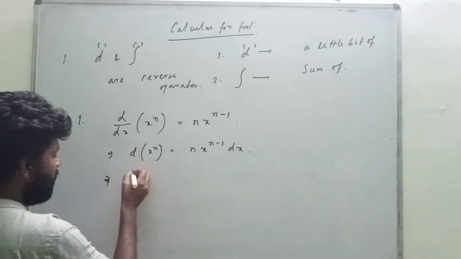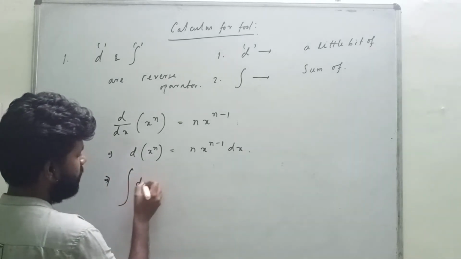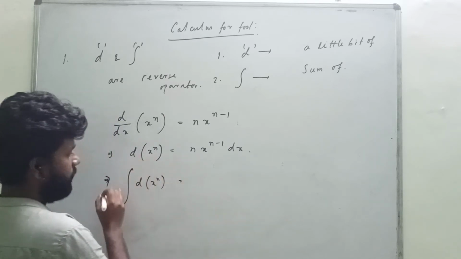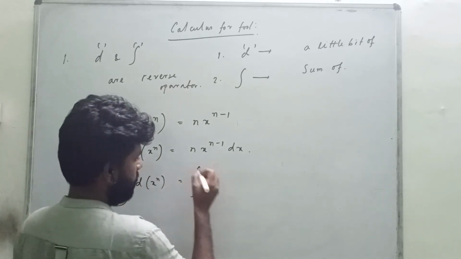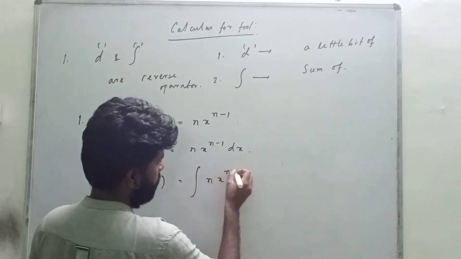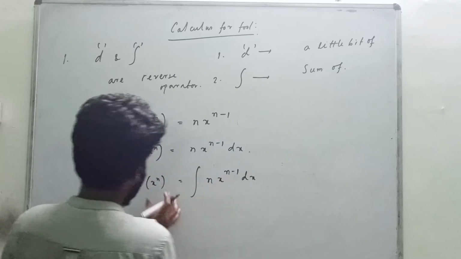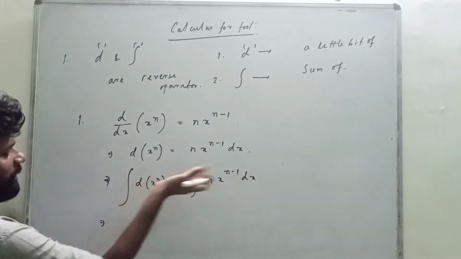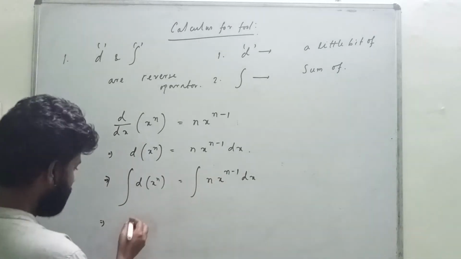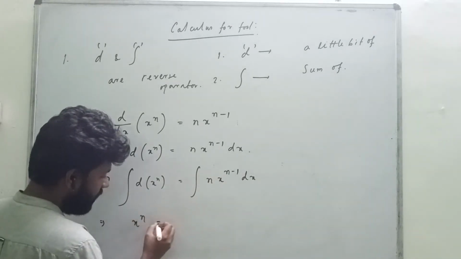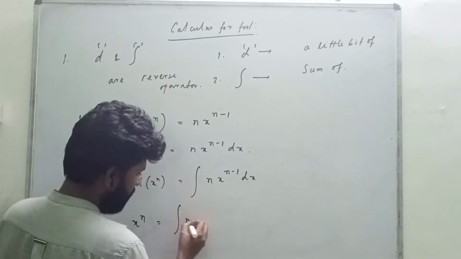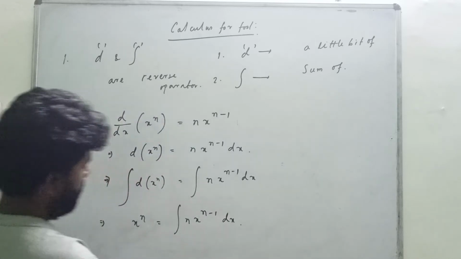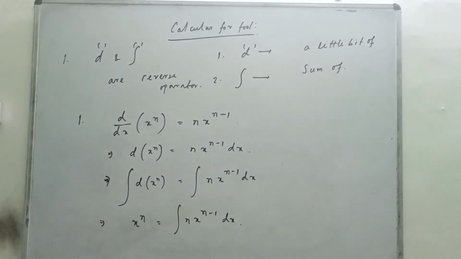So simply, the sum of the little bit of x^n. Obviously, all of you know, sum of bit of x^n equals x^n. So x^n converted to this is the integral of n x^(n-1) dx, right?